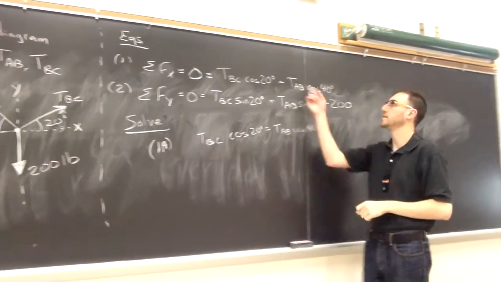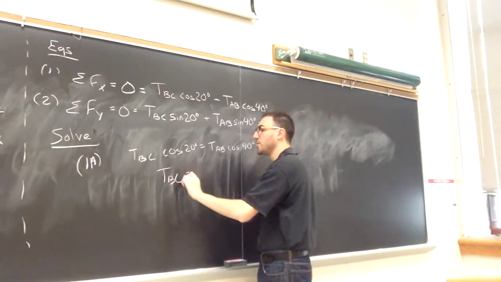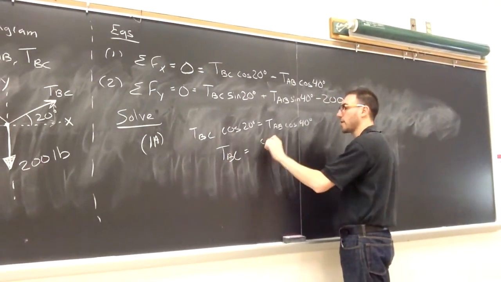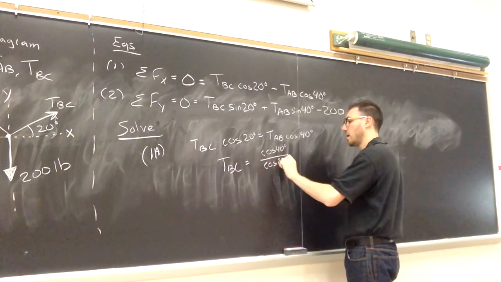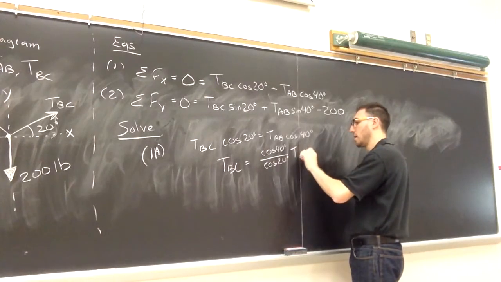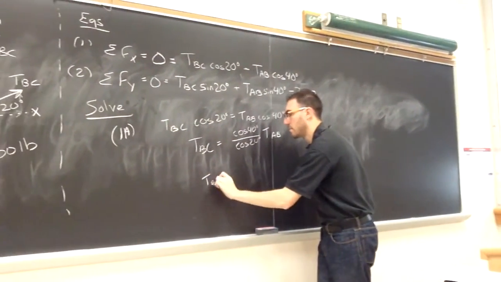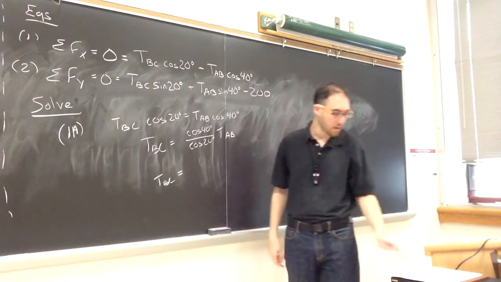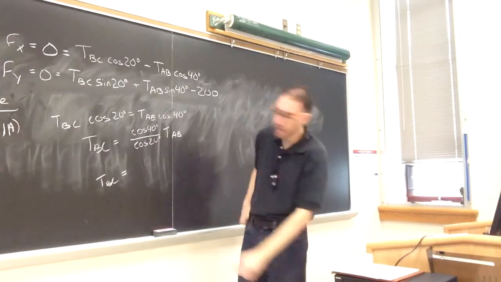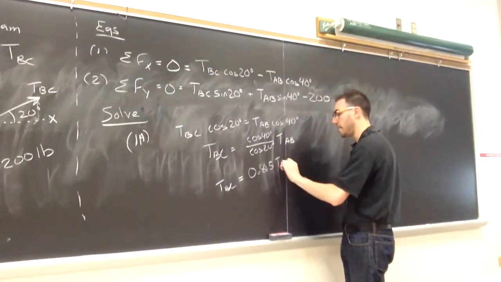Okay, just putting this on the left-hand side. Since I'm going to want to use substitution here, I can divide through by cosine 20. Cosine 40 is just a number. Cosine 20 is just a number. So I can say that TBC is 0.815 to 3 digits TAB.